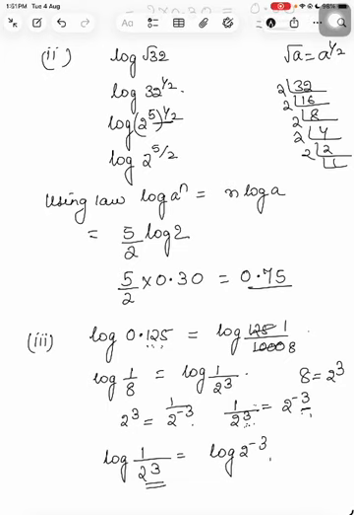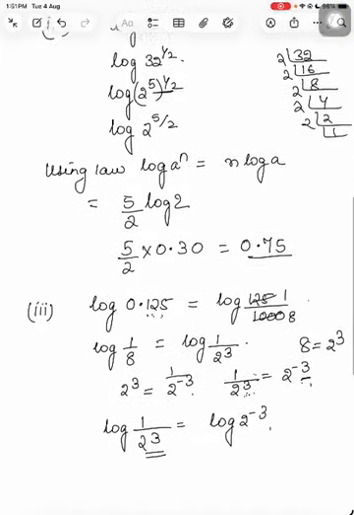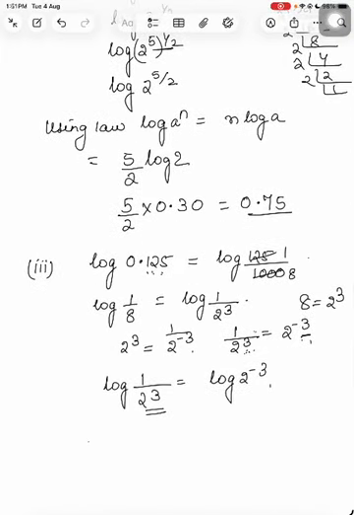You have to follow the rule of exponent. Fine. So now again, the power will come in front of the log, that will become minus 3 log 2. That is minus 3 into 0.30, that is minus 0.90.